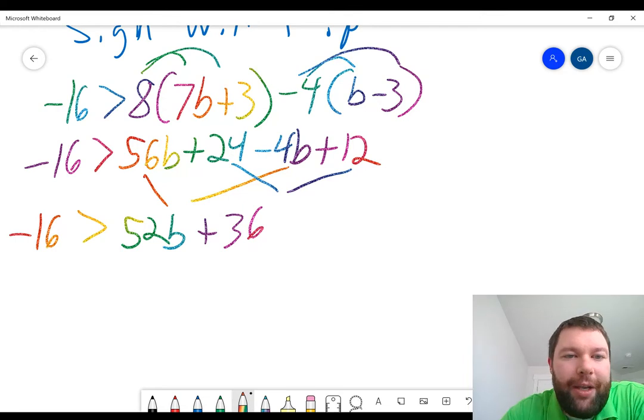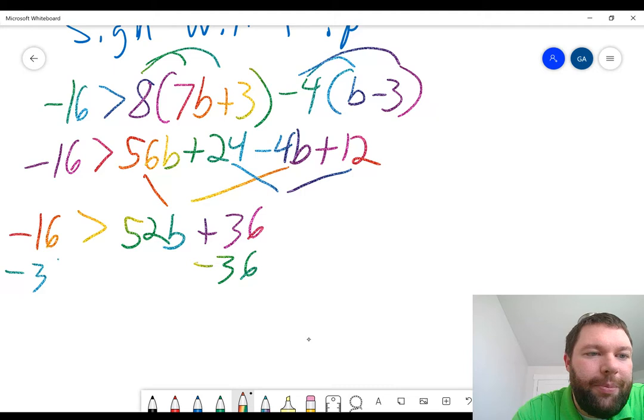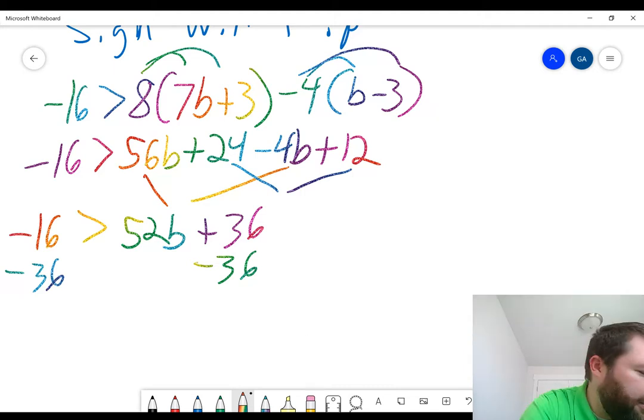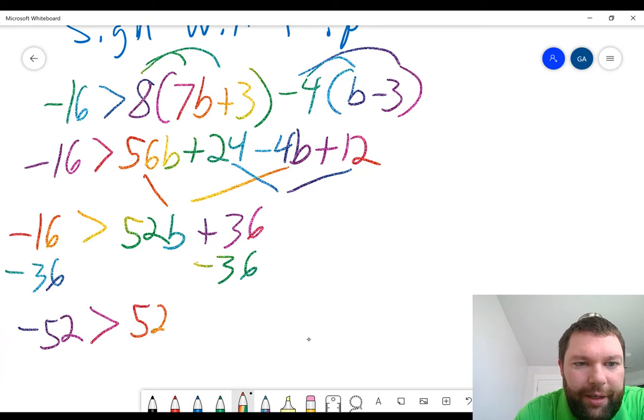I've only got one variable there, so I'm going to get rid of the one that's adding here. He's adding, so I'm going to subtract 36 to begin with. Negative 16 minus 36 is negative 52, and that's greater than 52b.